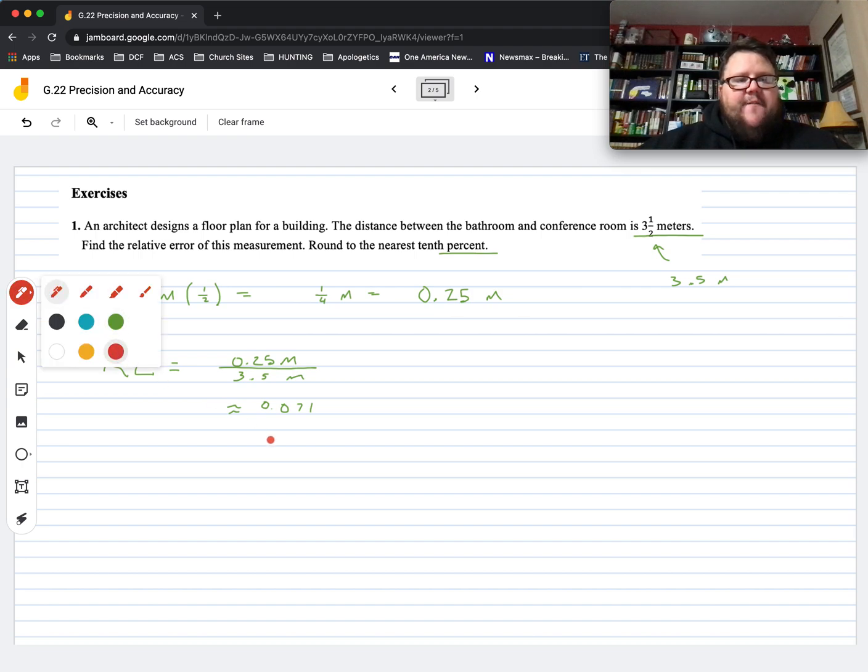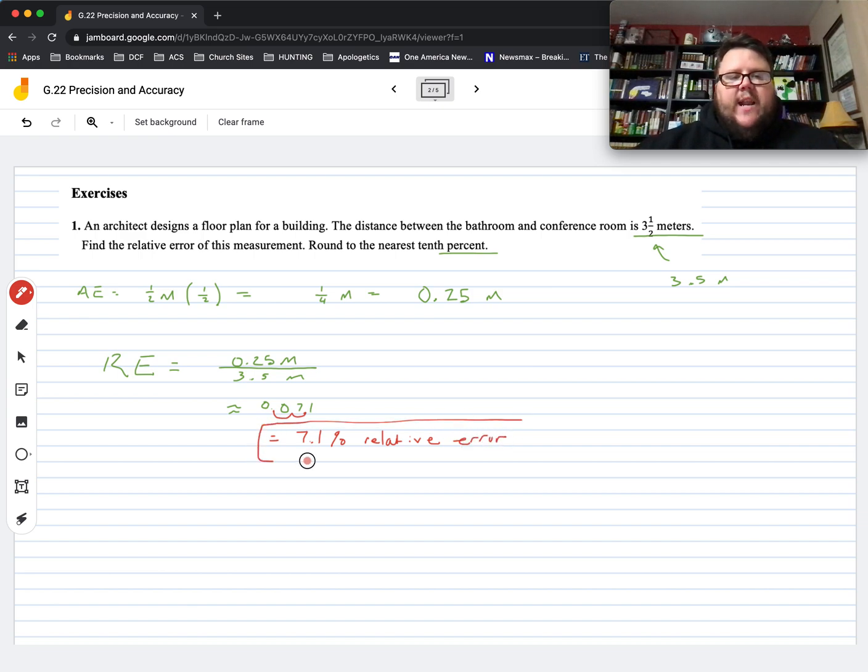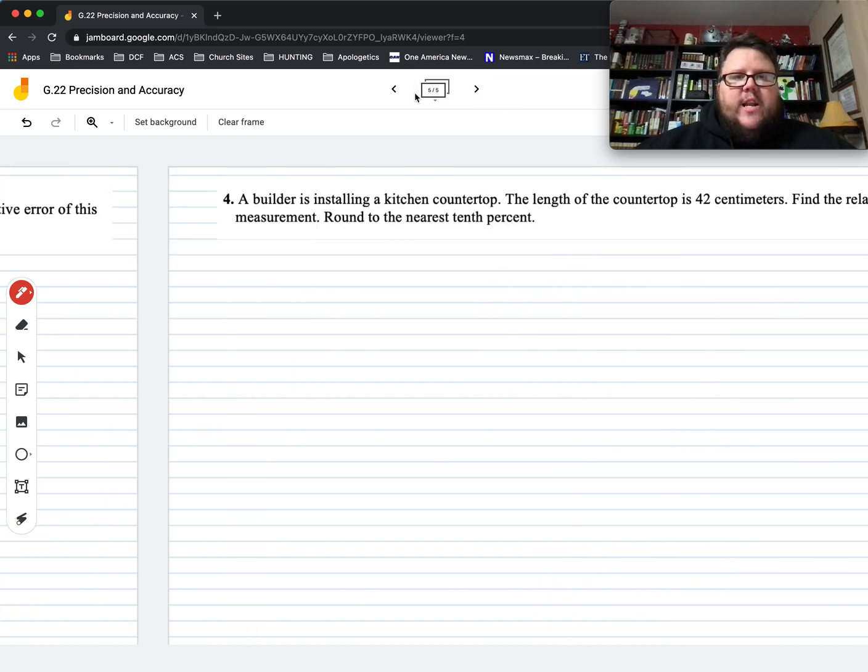So I want to change that from a decimal to a percent. So I'm just going to move the decimal 2 places to the right. And so we're going to say that this equals 7.1% relative error. And when you do yours, you don't have to write out relative error, just write the percent. So 7.1%.